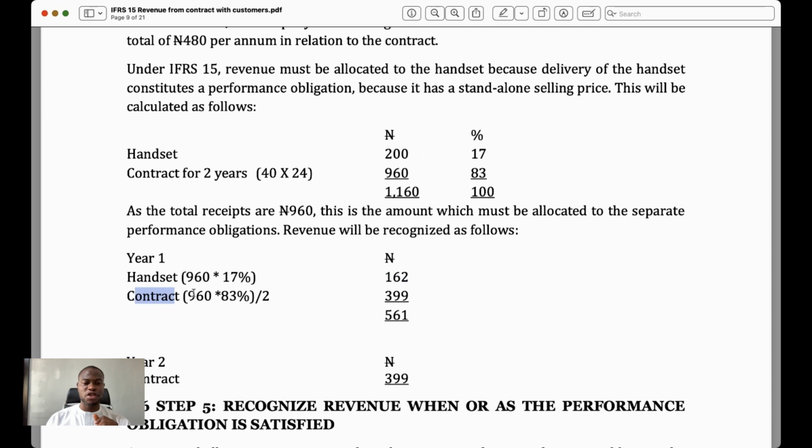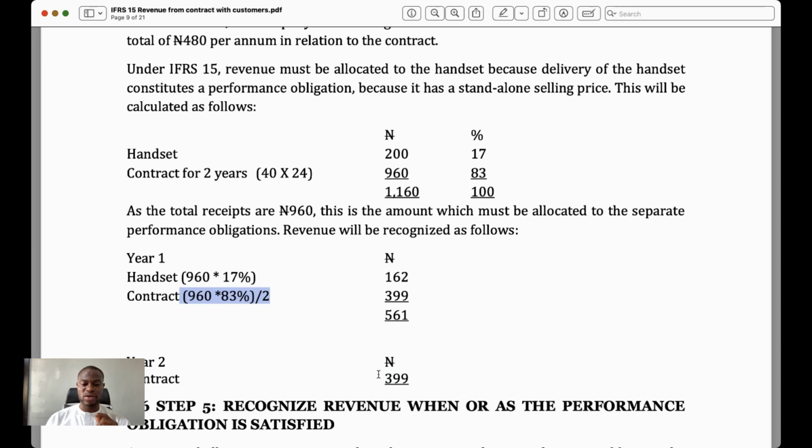On the contract in year one, we recognize 83% of 960. Since this is year one alone, we divide it by two because this contract is 2 years. You cannot recognize the entire 2 years' revenue in year one. The accrual concept will not allow that. By the time we add the two together, we're recognizing a total revenue of 561 in year one. And in year two, the contract is going to be 399, which is the same calculation.